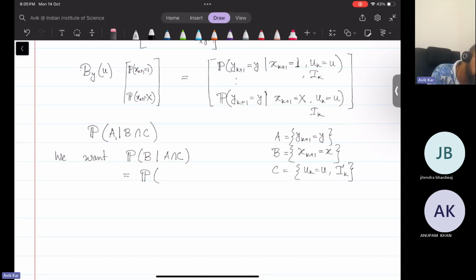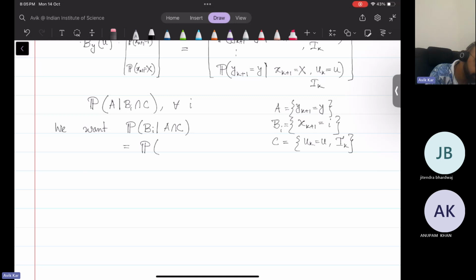So this we can write as B_i, right? So X_k equals i, and we have this for all i. So B_i's partition the sample space.